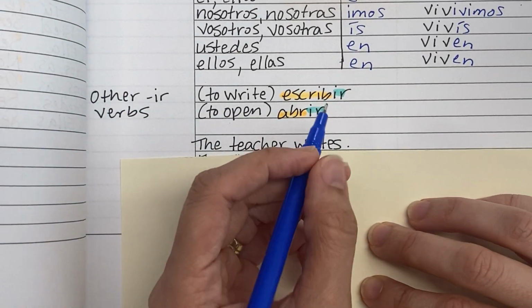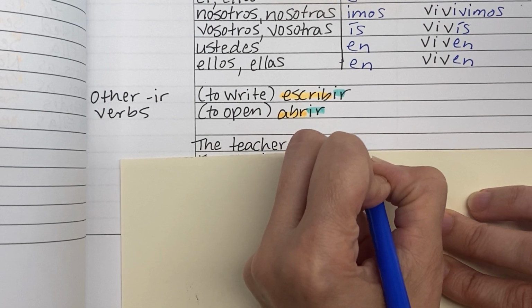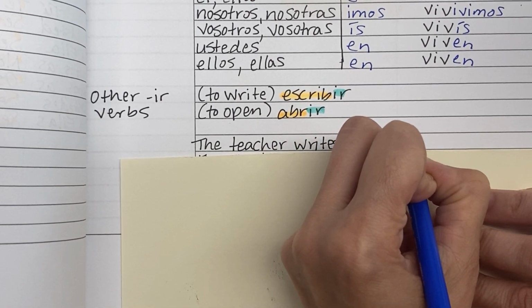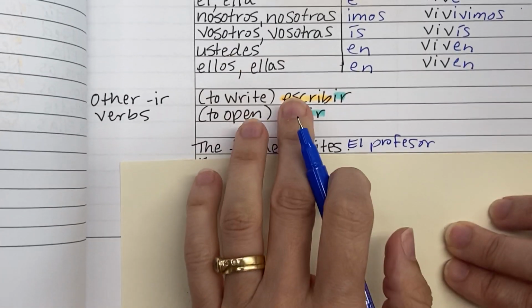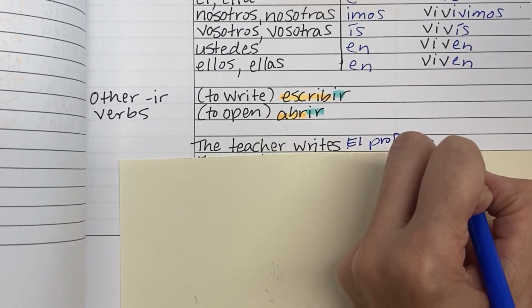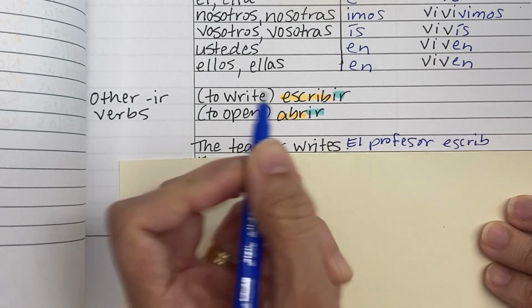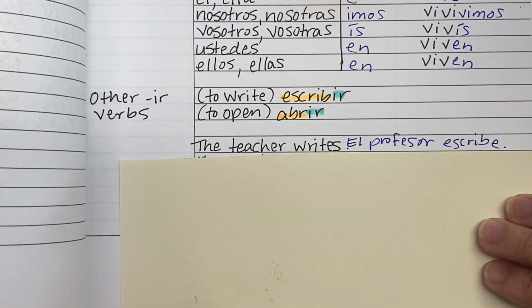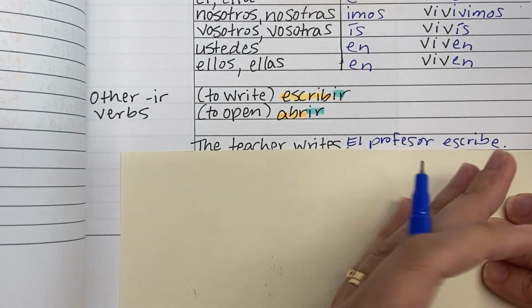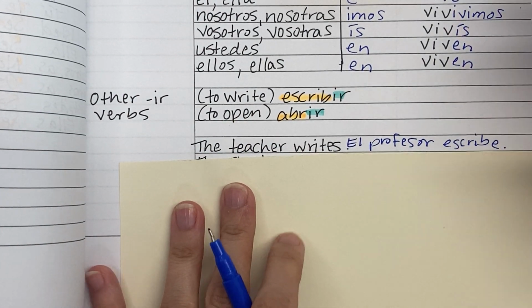The teacher writes, so el profesor, or la profesora, if it's a girl, and writes, the stem is going to be escrib. And the ending for he or she, for the él/ella form, is escribe. So el profesor escribe, or la profesora escribe.